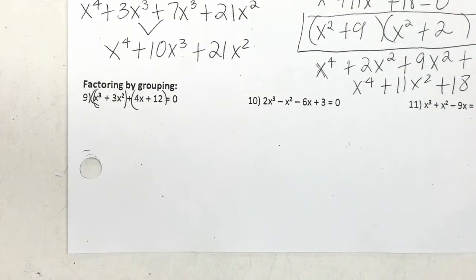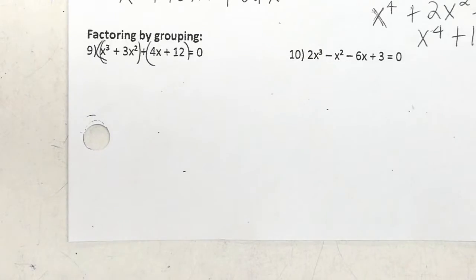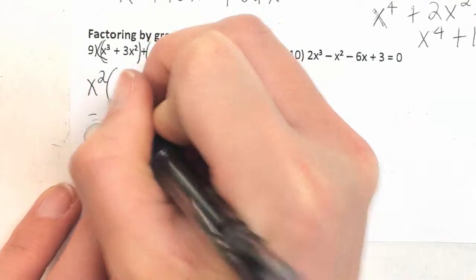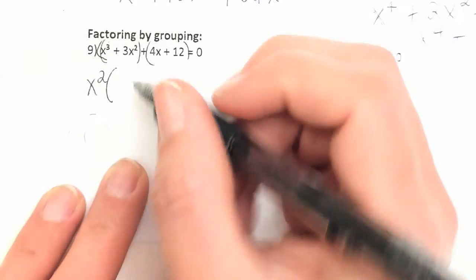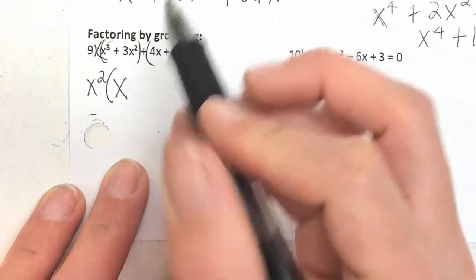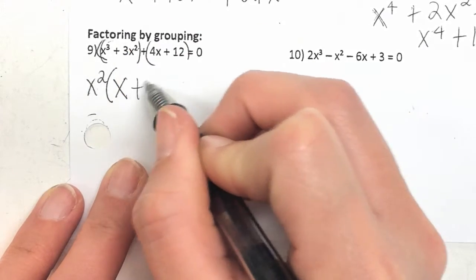So what would be the GCF of x cubed and 3x squared? X squared, good. And now to figure out what goes on the inside, you'll do x cubed divided by x squared. That's going to be what? And then 3x squared divided by x squared, plus 3.